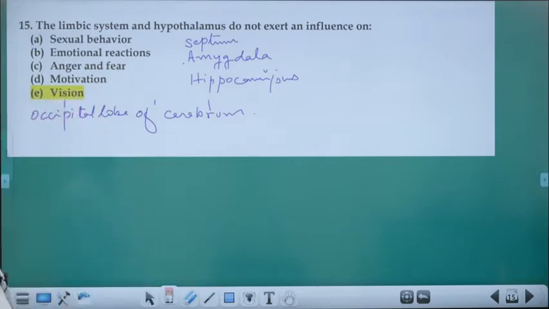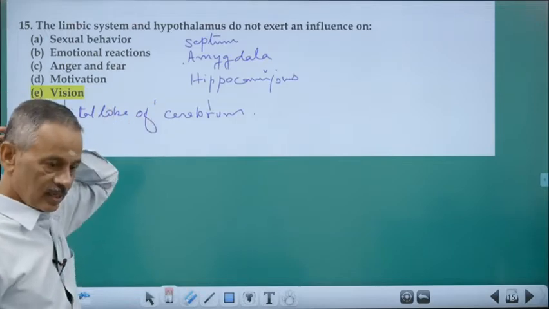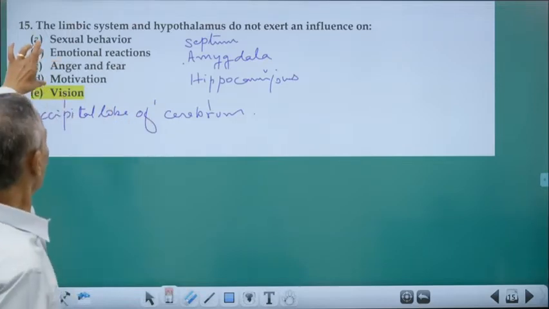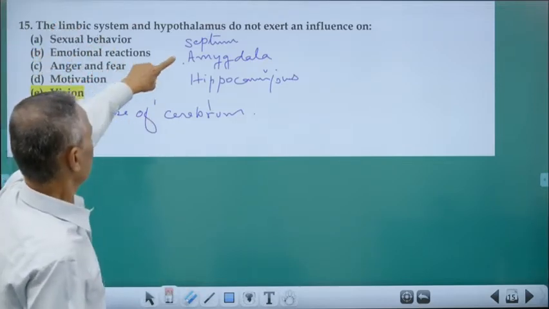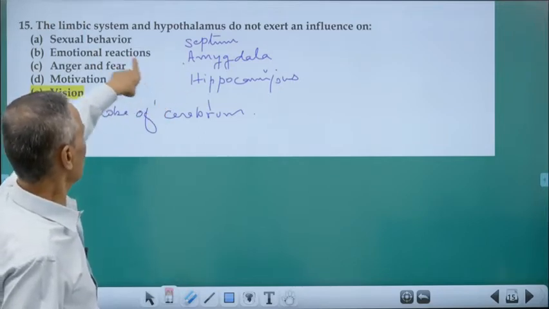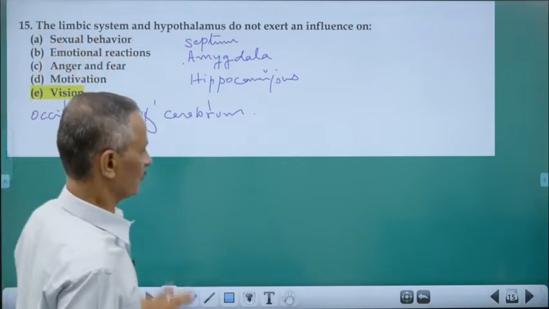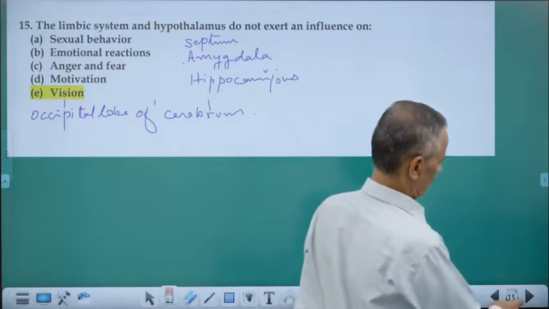The hippocampus is concerned with long-term memory, smell, etc. Whereas vision is the occipital lobe of the cerebral hemisphere, so it is not part of the limbic system. Septum, amygdala, and hippocampus are the three parts of the limbic system. Lip-like structure.